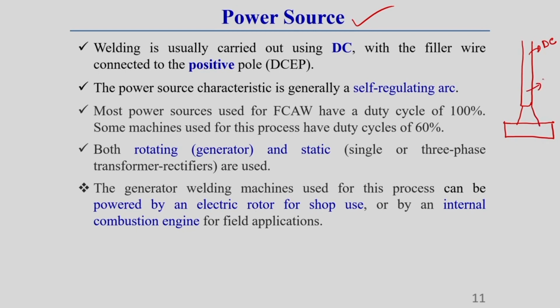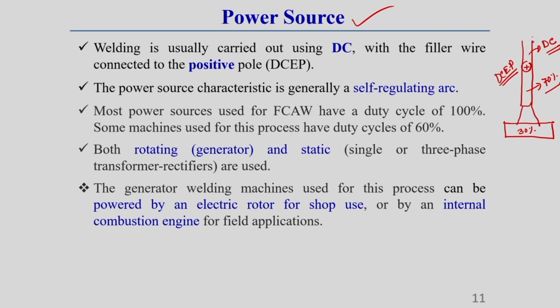That means around 70% heat is generated in the electrode and 30% heat in the workpiece. To get this, the electrode should be connected to which terminal? It should be connected to the positive terminal. That is why DC EP polarity is preferable in these types of welding process.